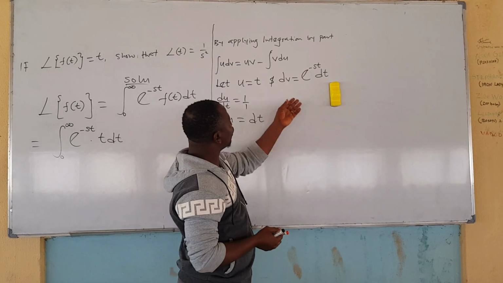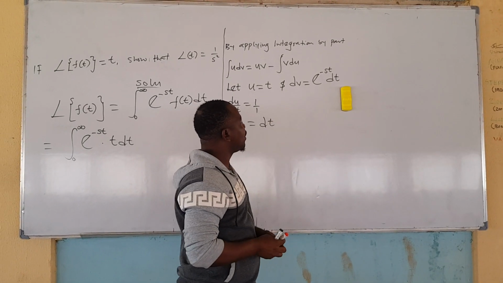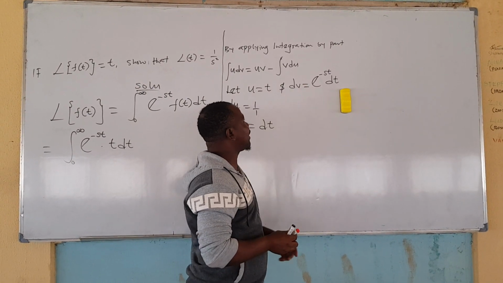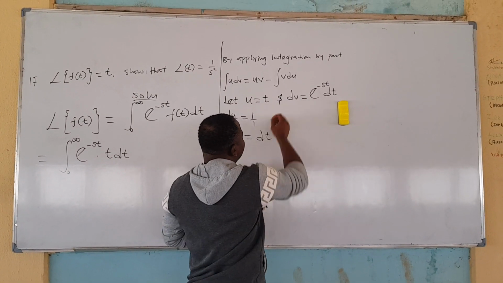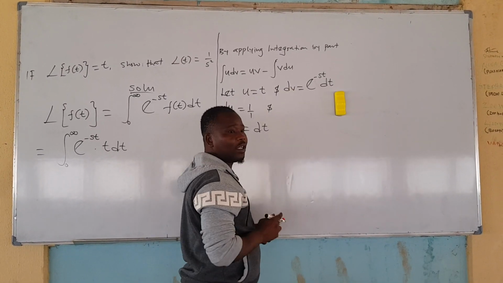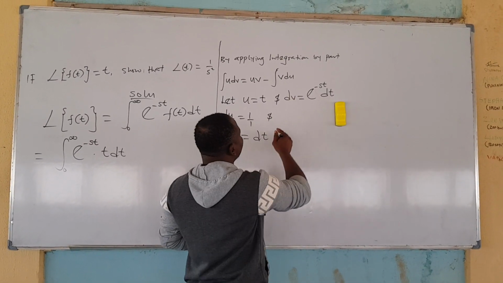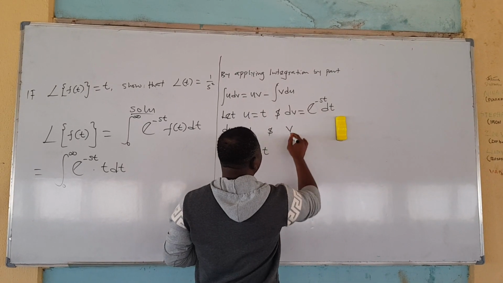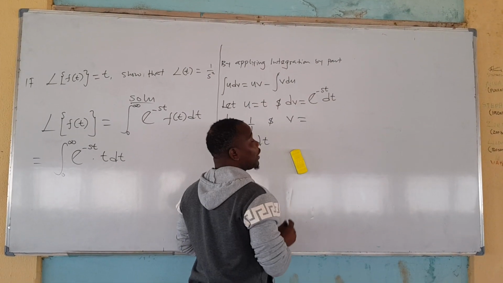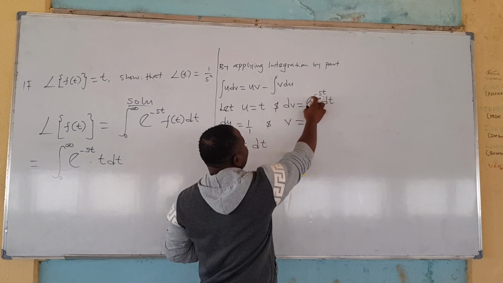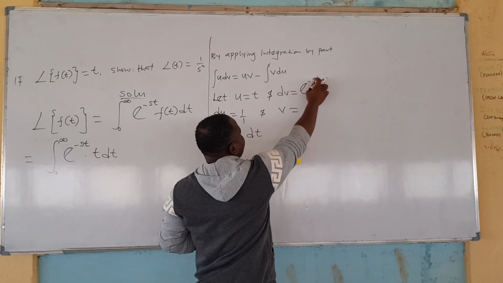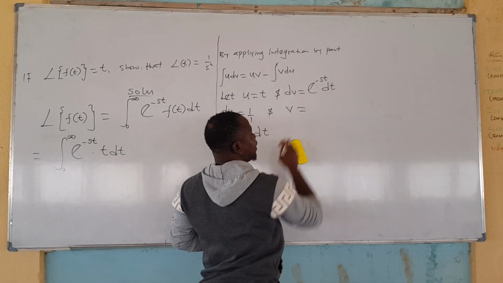Now, let us obtain our ordinary v by integrating both sides, left and right. If we integrate dv, we are going to have v. Then this will be equal to the integral of exponential minus st dt.